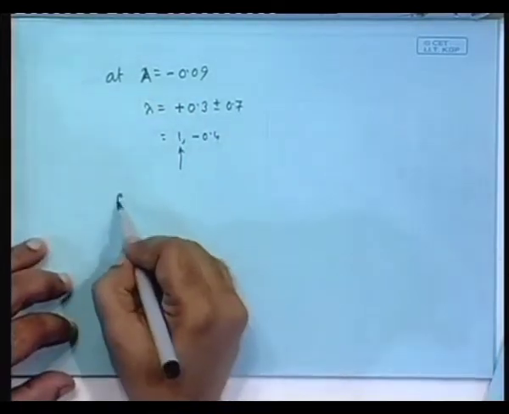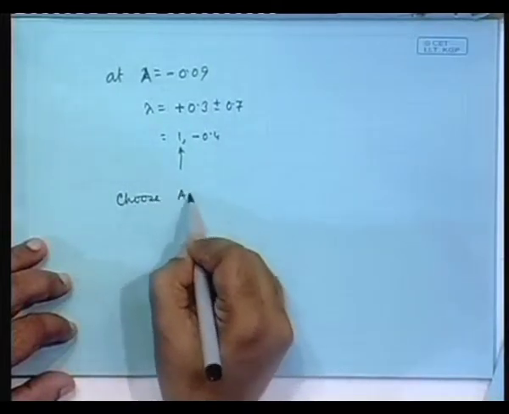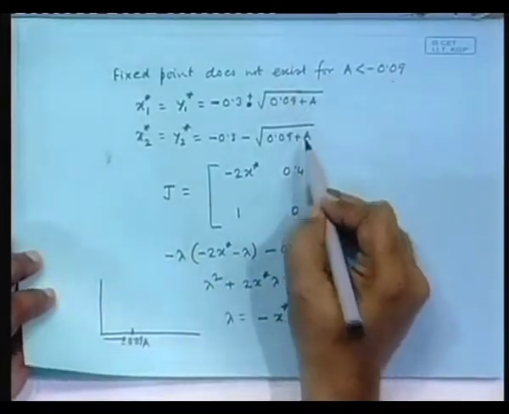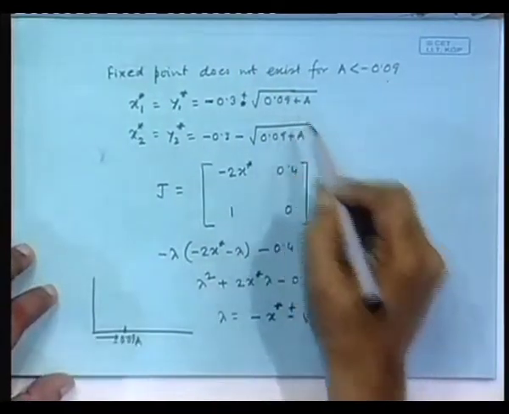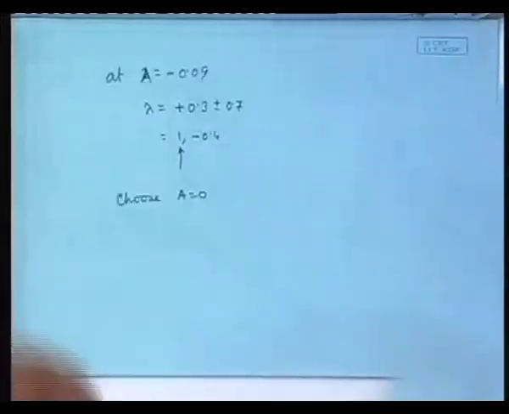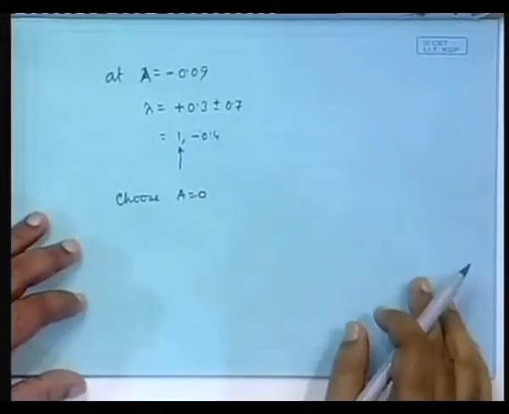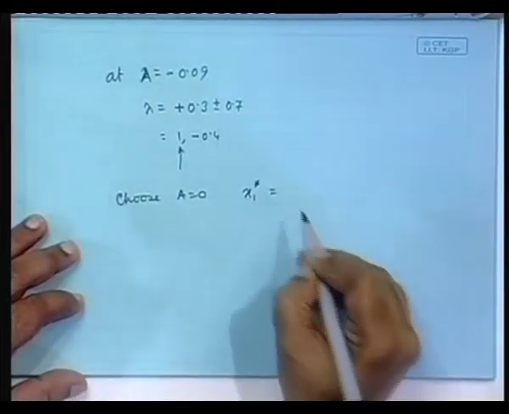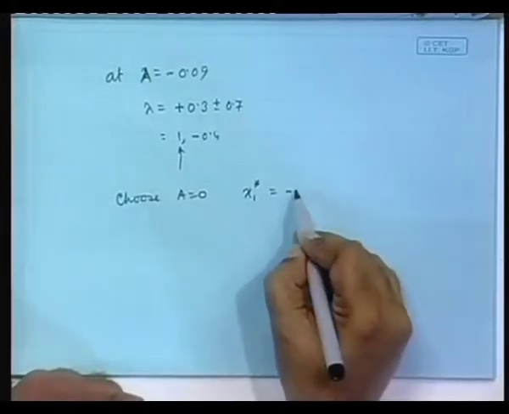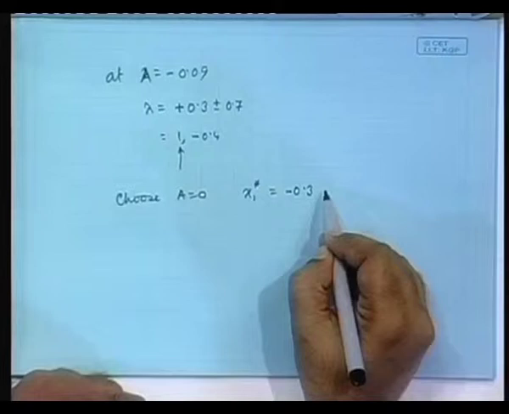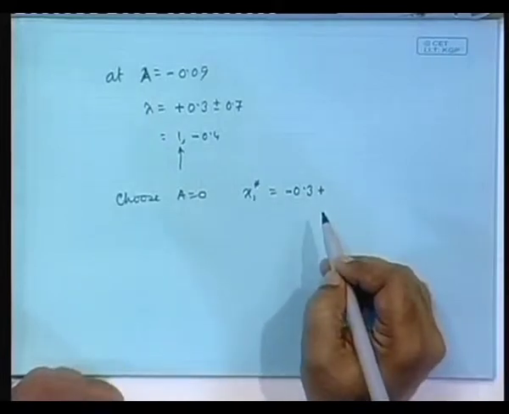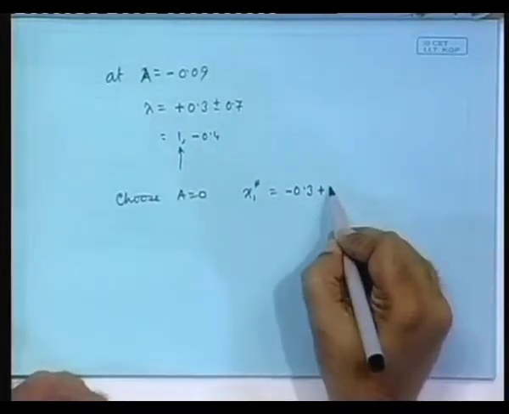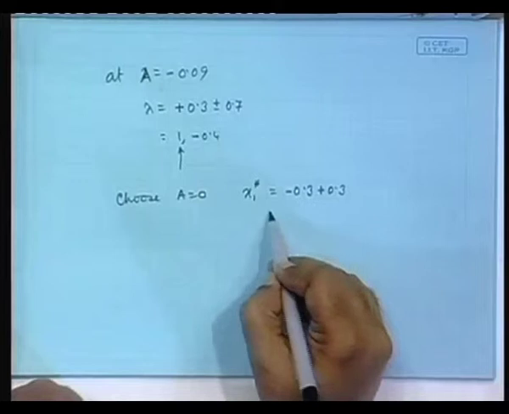If you choose a is equal to 0, the advantage is that now you can take a square root. It would be minus 0.3 plus 0.09, so 0.